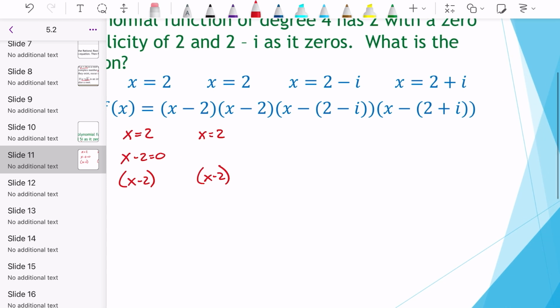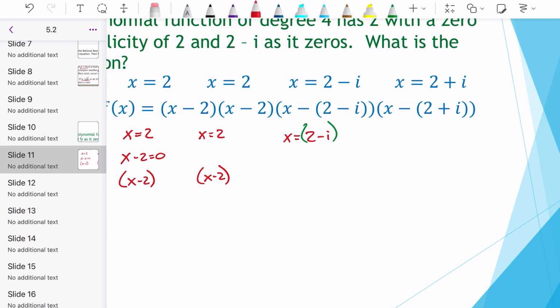When working with x equals 2 minus i, we're going to bring over the entire piece all together.